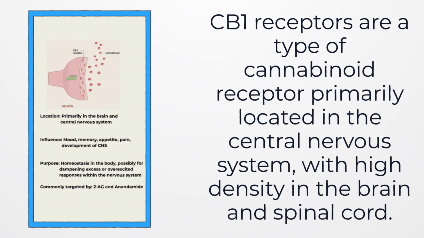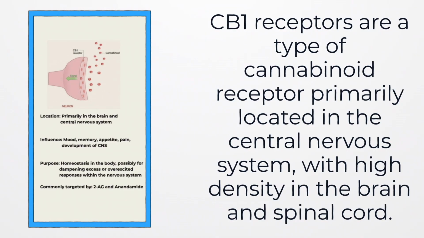CB1 receptors play a role in many physiological processes, including mood, memory, appetite, and pain perception. Overall, evidence points to the purpose of CB1 receptors being to help the body maintain homeostasis, or a state of balance, by regulating certain signaling processes.